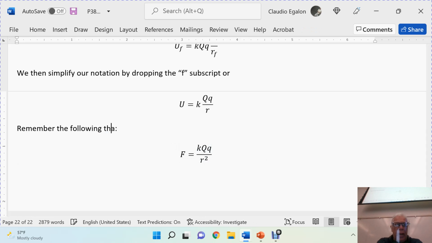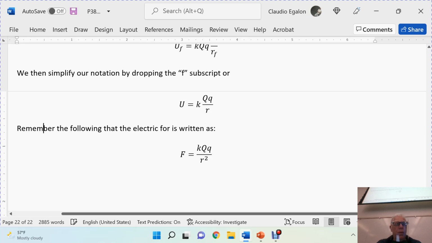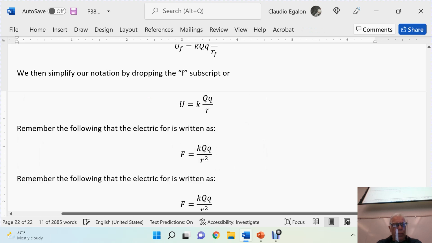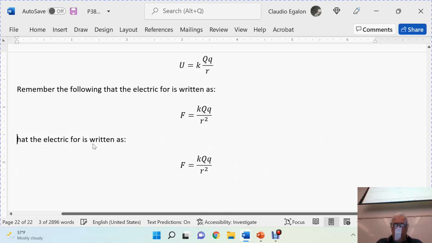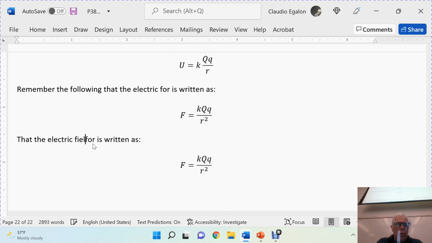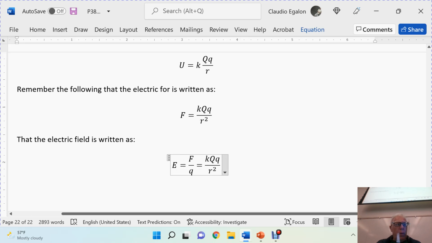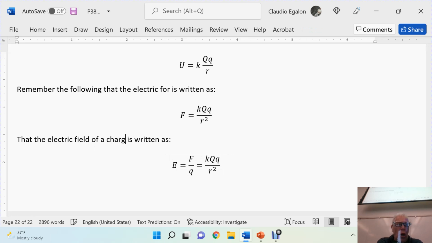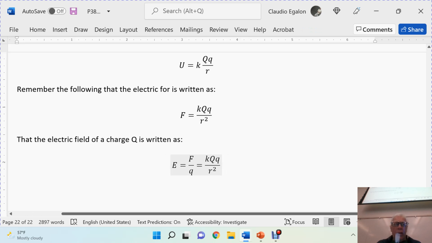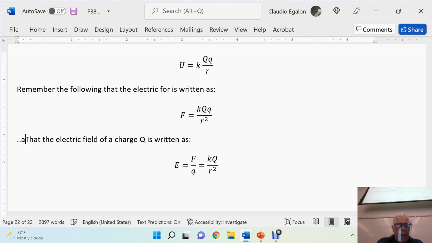Remember that the electric field of a charge Q is written as, here you go.